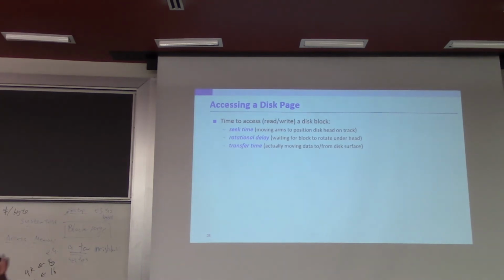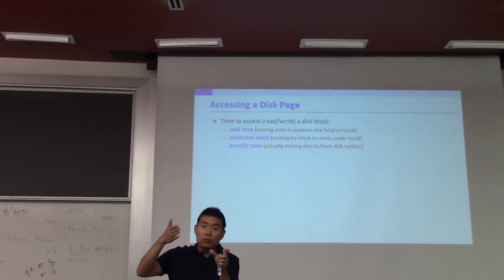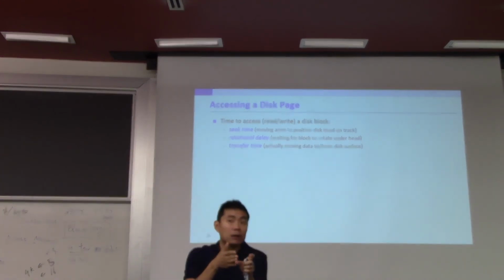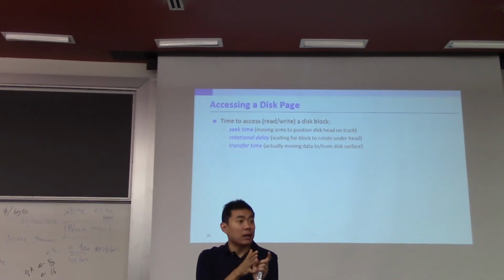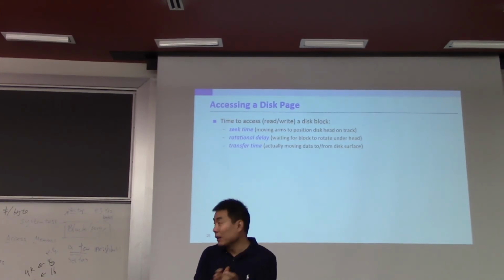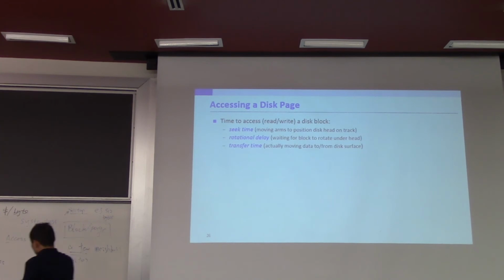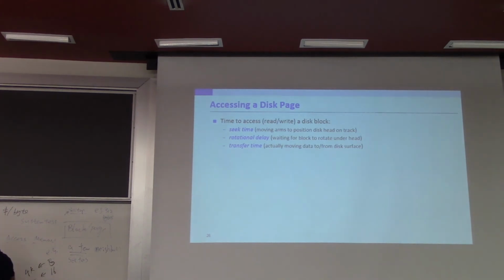The other thing is called rotation delay. What does rotation delay mean? Well, once you have paid the seek time delay, at this point the head of the arm is aligned with the track you want to read data from. Nevertheless, you still have to wait for the data to be rotated under the head of your arm.